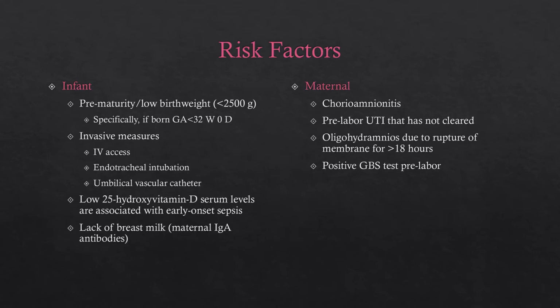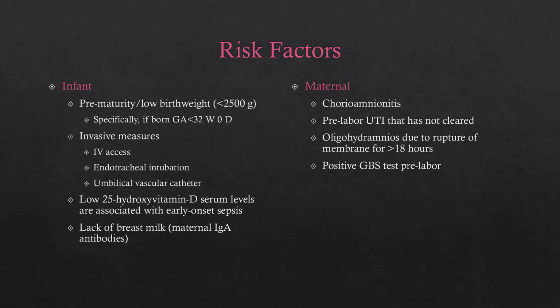So risk factors for neonatal sepsis. A big one is going to be prematurity and low birth weight. This is mainly what we see to be really correlated with neonatal sepsis, which I know is a lot of our patients in the NICU. So that's why you may see prophylactic doses given for a lot of them.